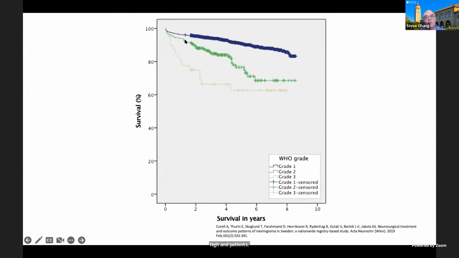As you would surmise, as the different meningioma grades become more aggressive, the rate at which the tumor can recur is higher. So we're talking about a grade 3 meningioma. You can see that it grows back more quickly, and patients are more likely to have a recurrence sooner.